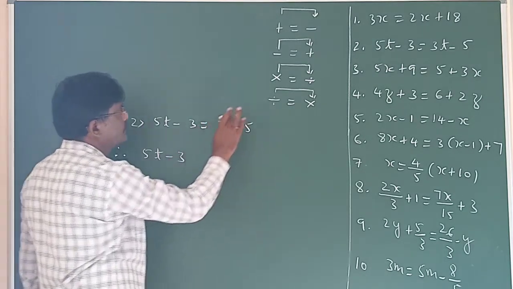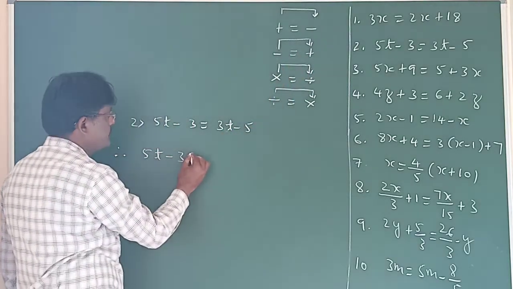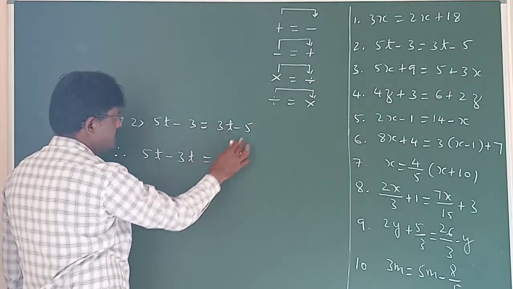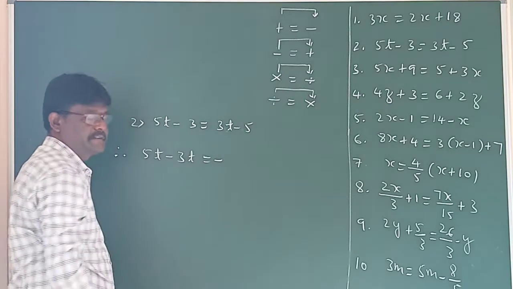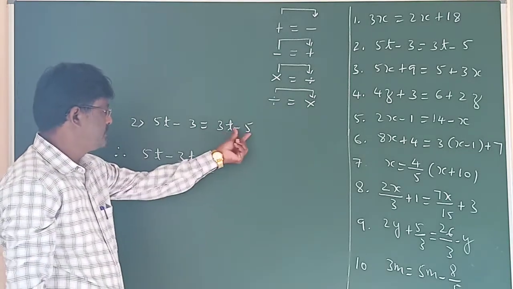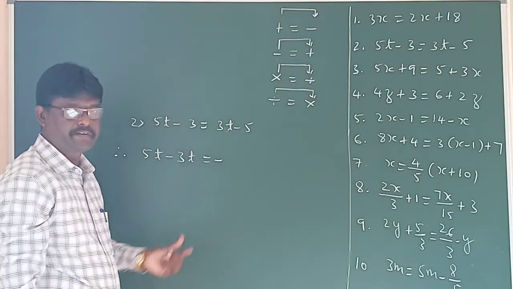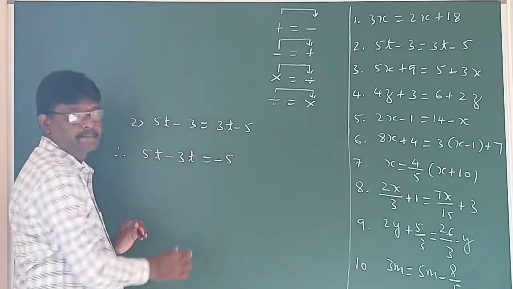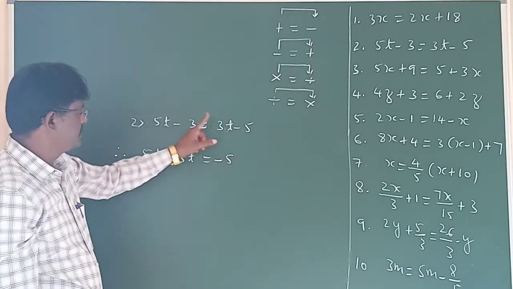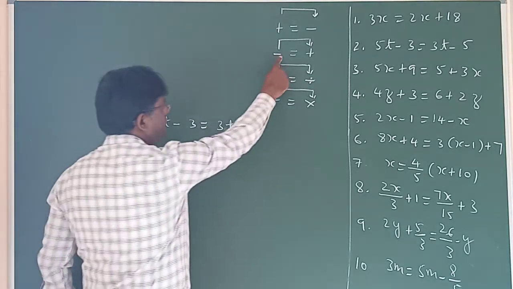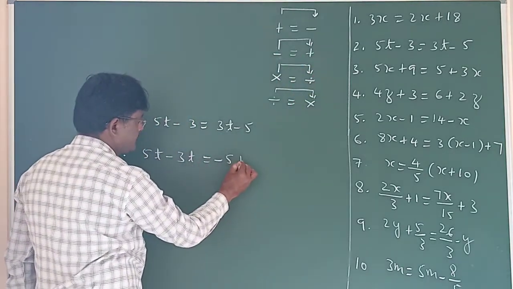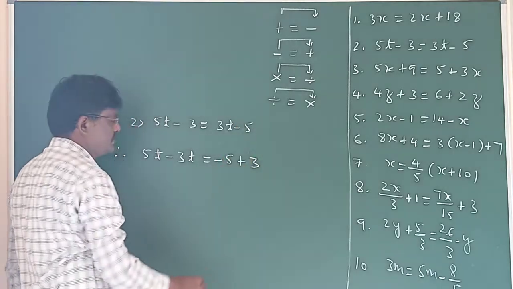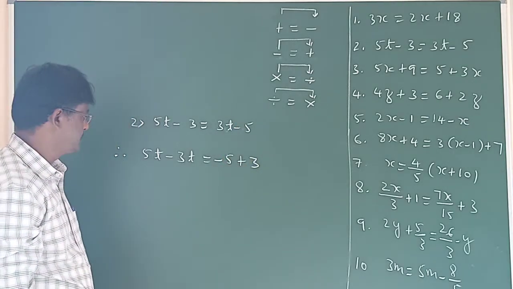Plus becomes minus: 3t equal to minus 5 we have. First children, always you write what you have in the right side first. Minus 5. Then you send this minus to the right. Minus becomes plus.